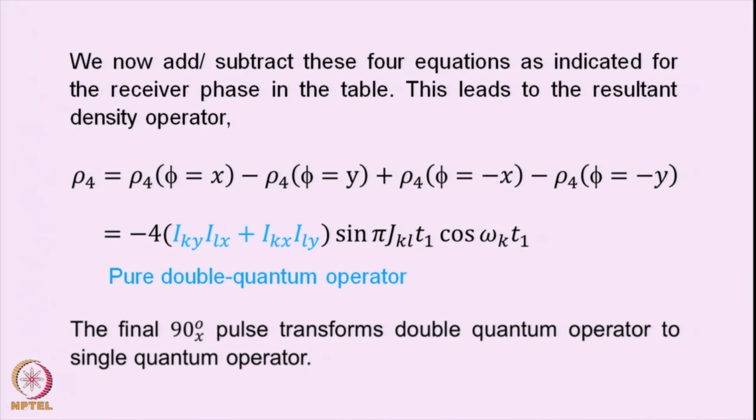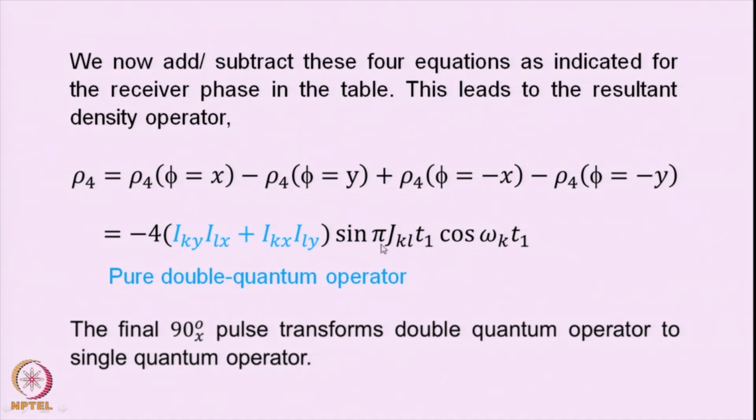We eliminated the ikz term, the ikx term, and also the ikx or ikz Ily or ikz Ilx terms, whatever they were; we have eliminated all those single quantum terms. Now this, if you recall from the product operator descriptions, is a pure double quantum operator. Therefore, by doing this operation at the end of 4 experiments, row 4 contains a pure double quantum operator.